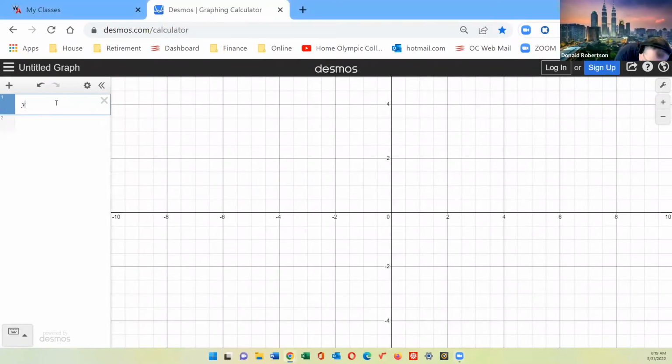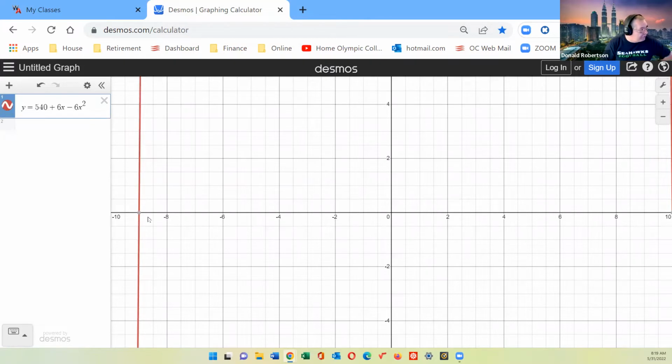Can you see Desmos right now? Am I on the right screen? Okay, so I'm putting in really ugly numbers, so don't be surprised if the picture looks nothing like what we think it should. So it's 540 plus 6x, take away 6x squared. You see that doesn't look anything like our graph. That's just because the vertical scales are so bad.